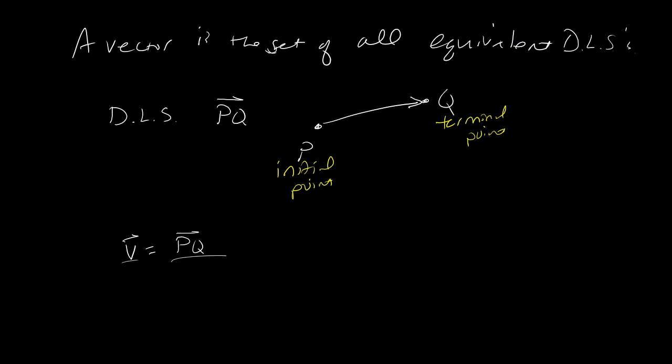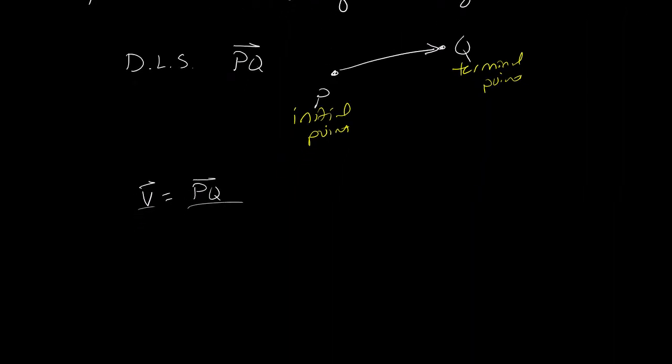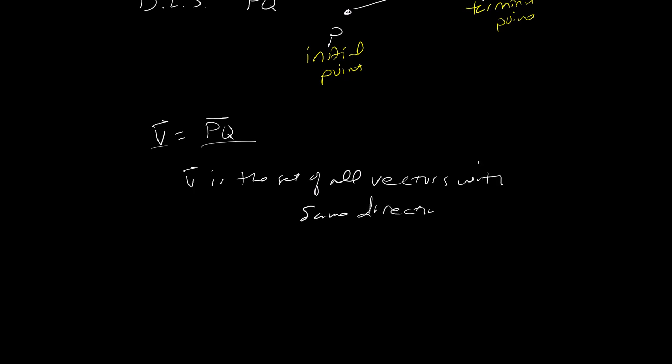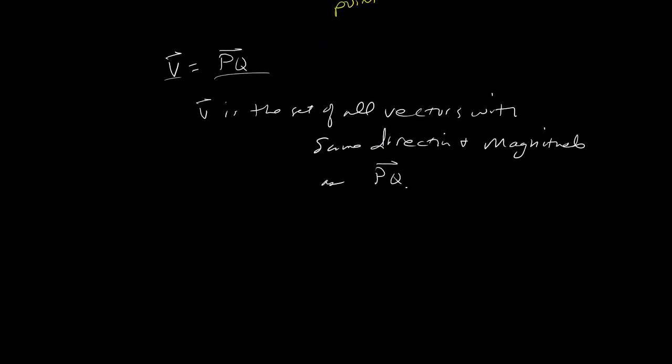This vector V is the set of all vectors with the same direction and magnitude as the directed line segment from P to Q. Okay? All right.